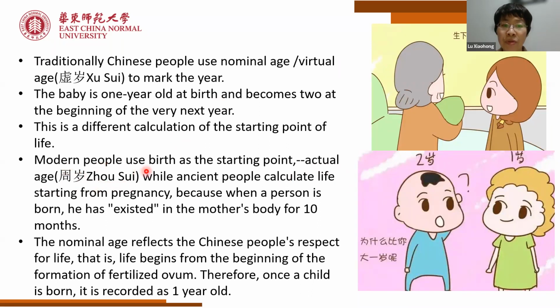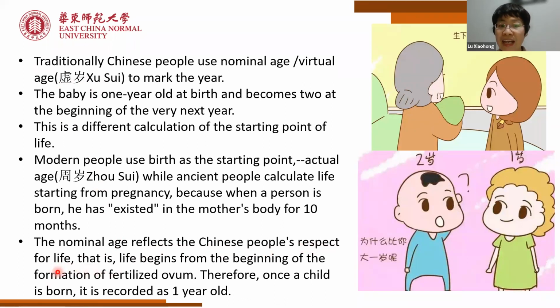Modern people use birth as the starting point, while ancient people calculated life from pregnancy, because when a person is born, he has already existed in the mother's body for 10 months. So the nominal age, 虚岁, reflects the Chinese people's respect for life.